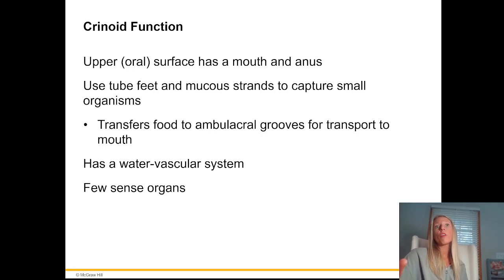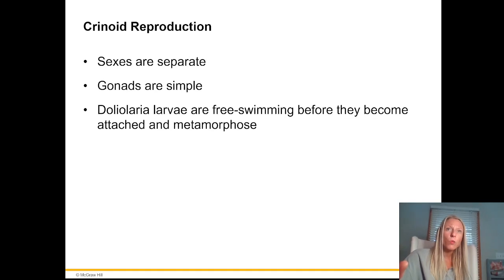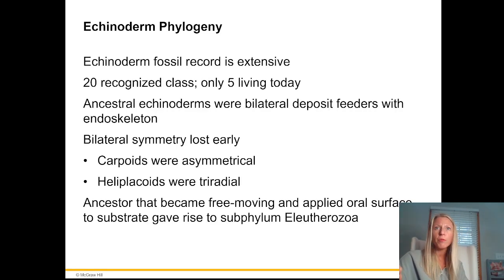So their upper or oral surface has a mouth and an anus. They use tube feet and mucus to capture food. They have a water vascular system, not many sense organs. Sexes are separate. Gonads are simple. Free swimming larvae before they metamorphose.